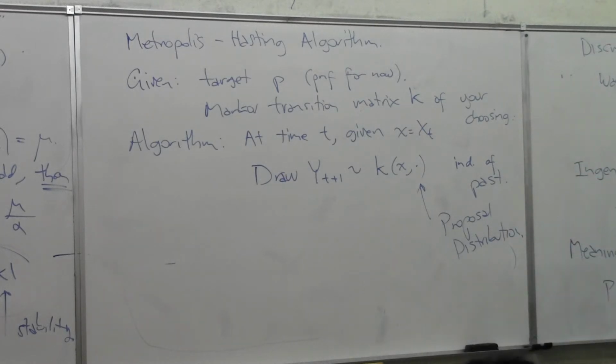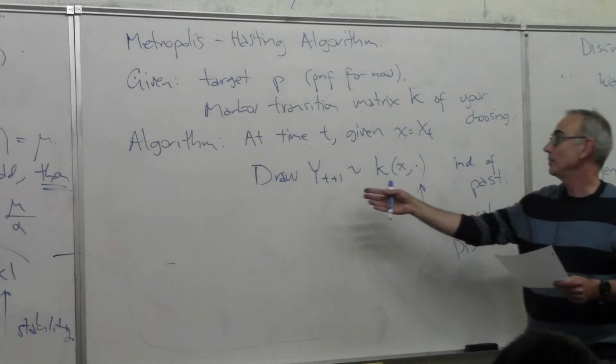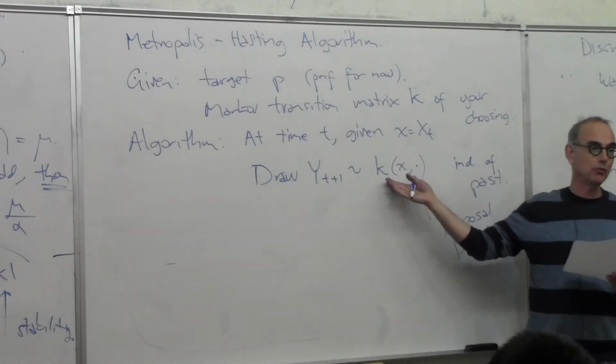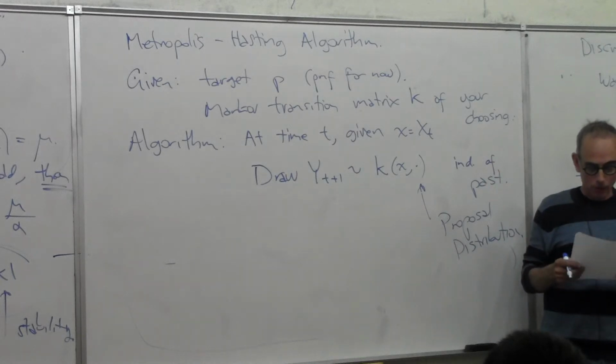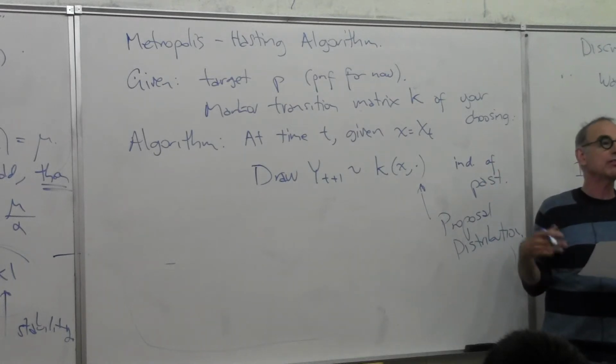All right. So is the next state y? No way. If you just said that's x_{t+1}, you would get a Markov chain with transition matrix K, and who knows what you're getting. So what you do is you come up with an acceptance probability.